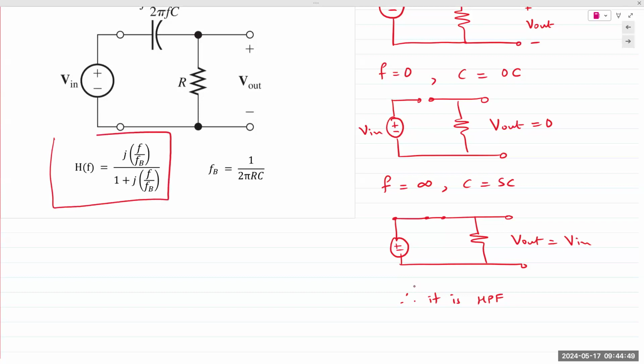So H of F for a high pass filter is different than the H of F for a low pass filter. But for an RC circuit, the FB break frequency is still the same. No change.